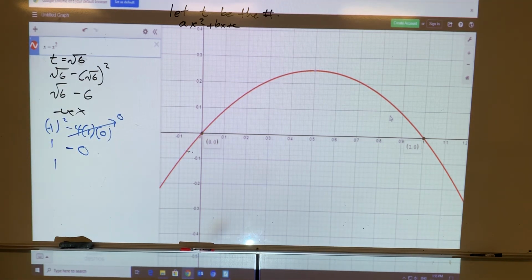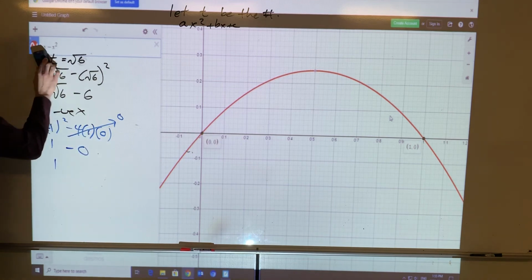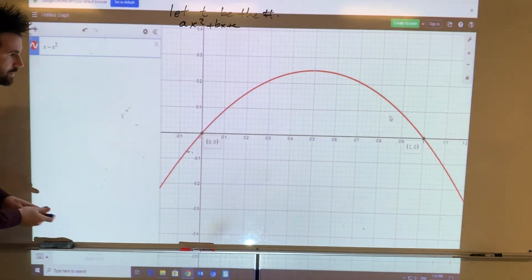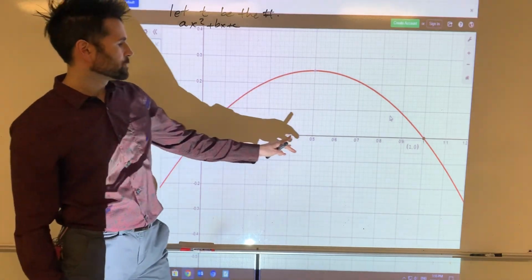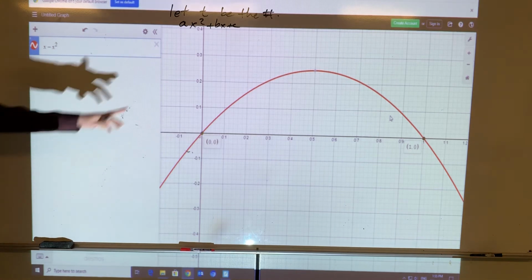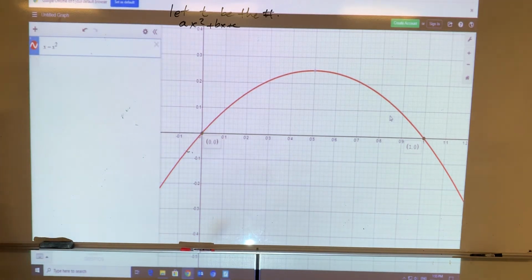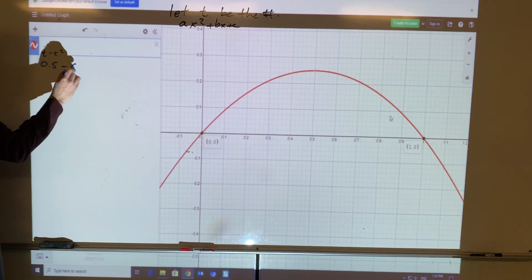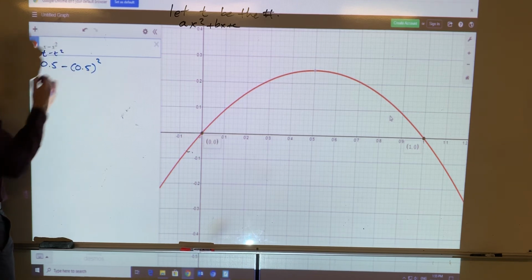Alright, let's take a peek here. So we got a graph. You're going to need a calculator for this, but basically any decimal number for t should work, and we're going to get a very small decimal number for y. If we chose 0.5, the formula was t minus t squared. So 0.5 subtract 0.5 squared.